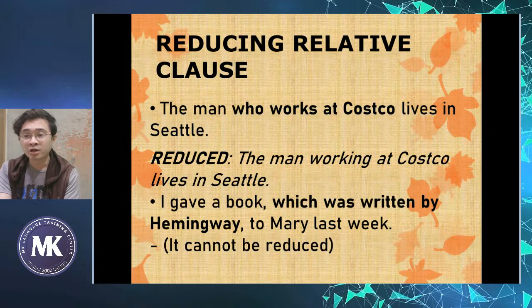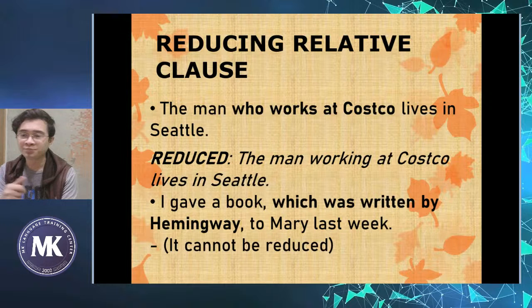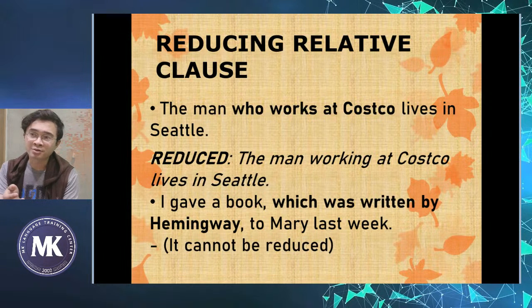So that's why, to be safe, I believe, we can only reduce relative clause when it is describing the subject itself. But if it's a noun, somehow it is kind of difficult to reduce it. That's why, to be safe, just try to think that if the relative clause is describing the subject, then it's possible to reduce it.